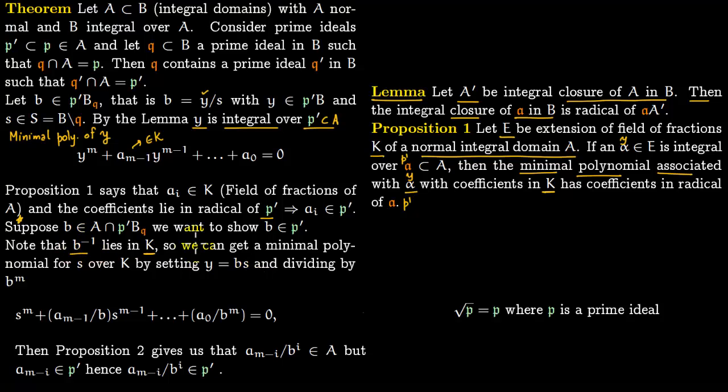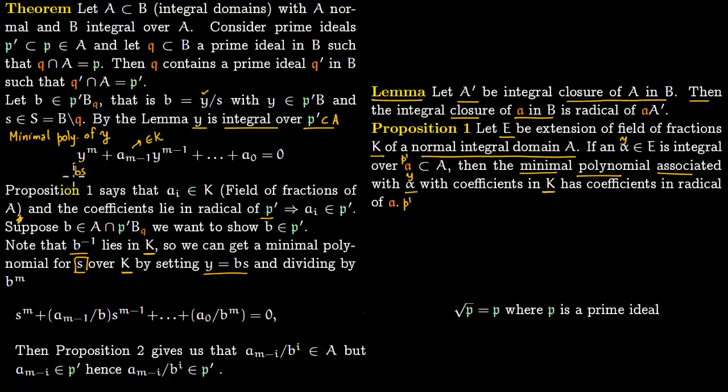We have shown that b lies in A, so b inverse will lie in the field of fractions of A, which is K. So we want to get a minimal polynomial for s over K by putting y equal to bs here.